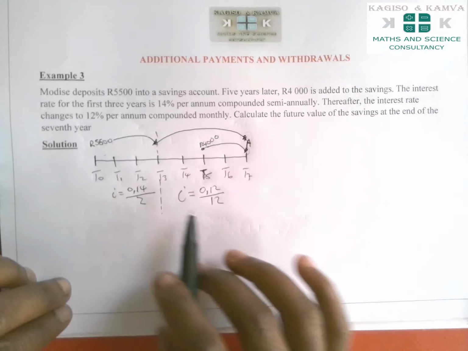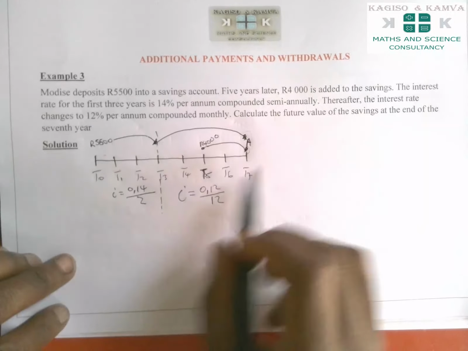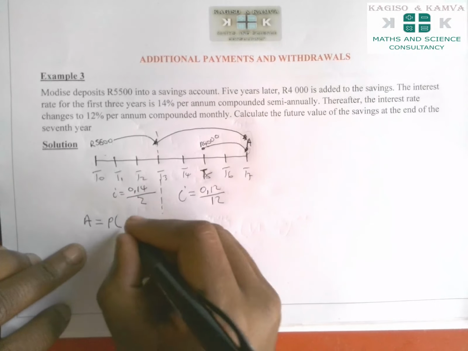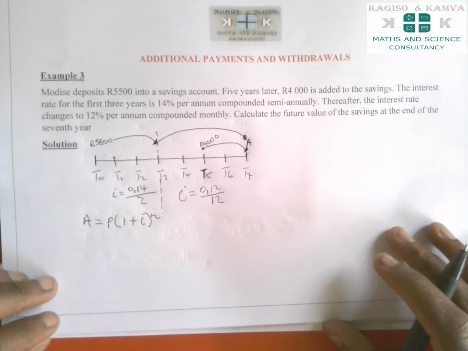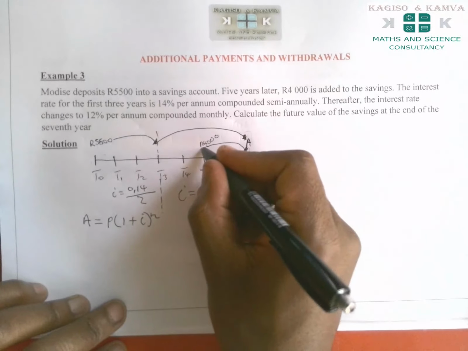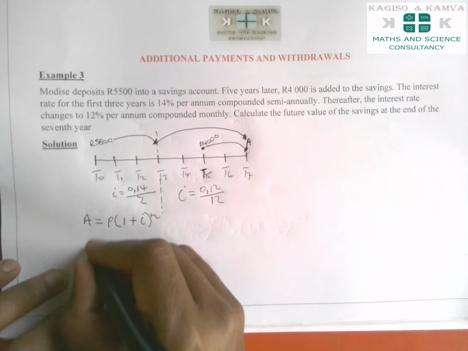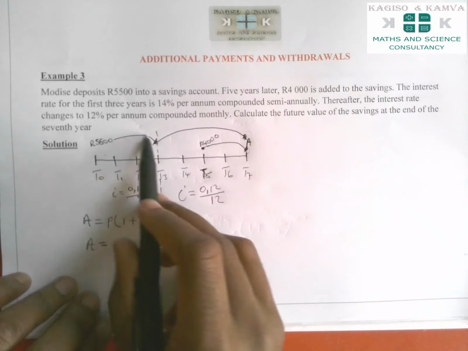So how do we calculate this? We're moving from left to right, so that will be A is equal to P into 1 plus i to the exponent n. Okay, good. So now I'm going to have A as equal to, I'm growing this now.